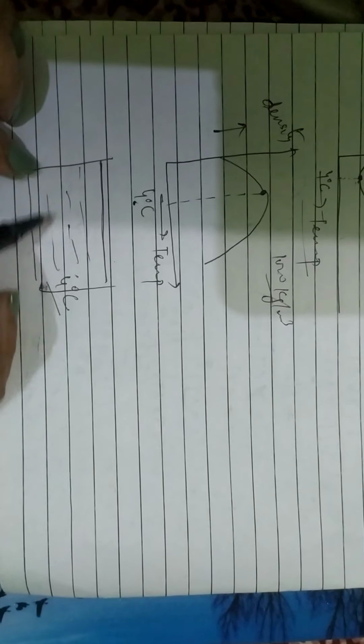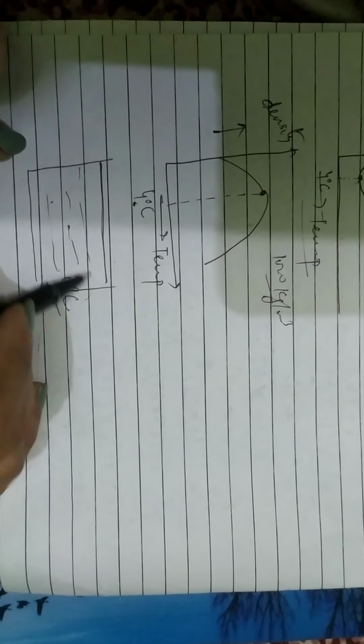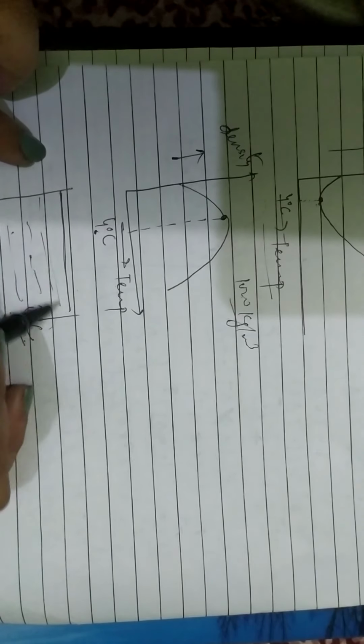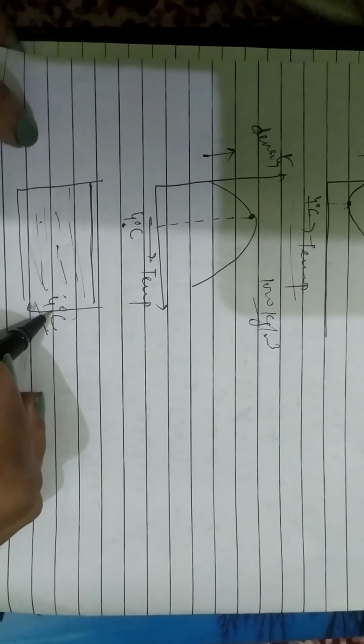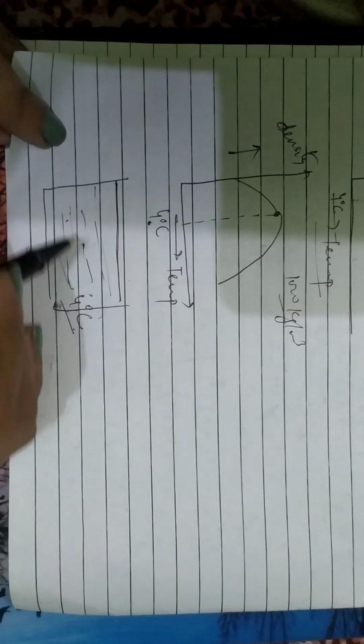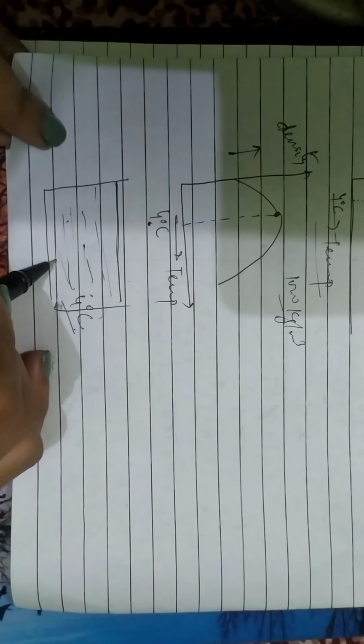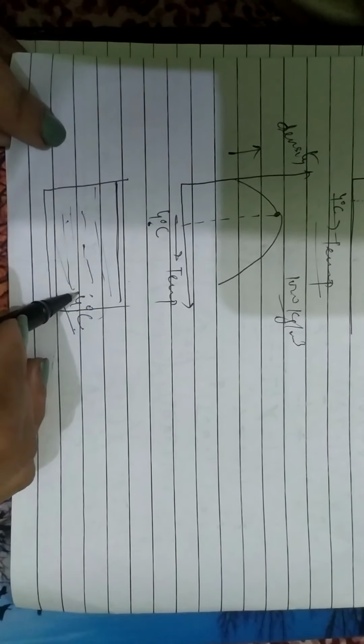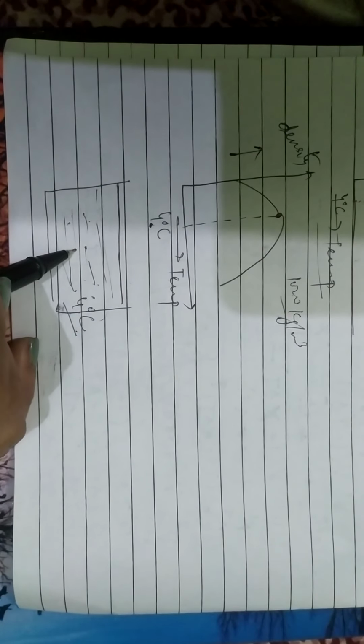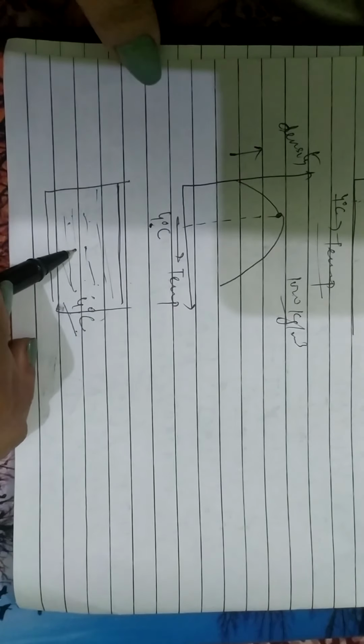Since water has maximum density at 4 degrees Celsius, it remains in liquid state, and hence marine life can easily exist in it. They can easily move in it without being frozen. So this anomalous behavior of water is very helpful for the existence of marine life.